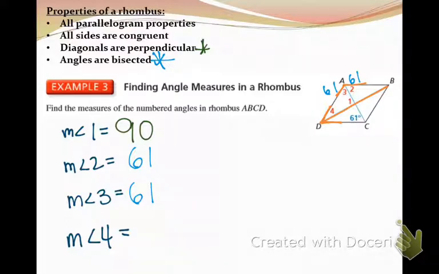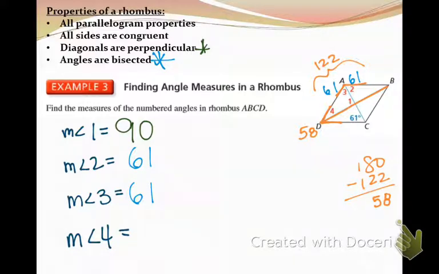What's the measure of angle A? The whole angle. 122. So could I find what the measure of angle D was? Yes, how could I find angle D? Subtract from 180. So 180 minus 122. Don't worry, I'll do it for you. It's 58.